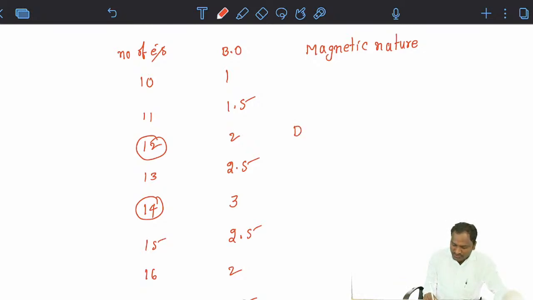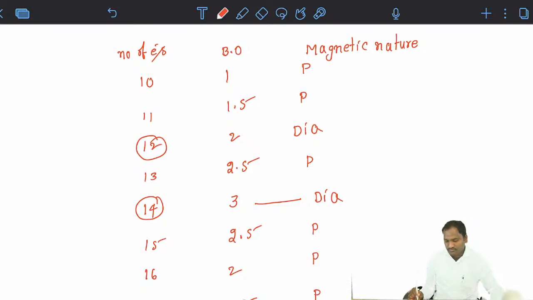So this one is diamagnetic, 14 electrons diamagnetic, and 18 electrons also diamagnetic. The rest are all paramagnetic. So you can decide like this instead of writing it out.